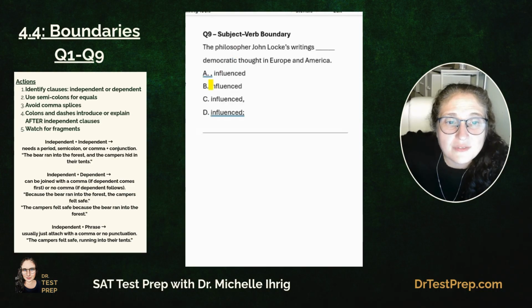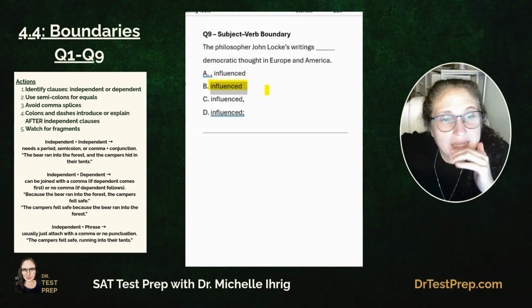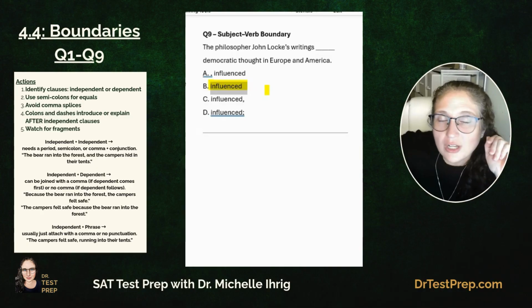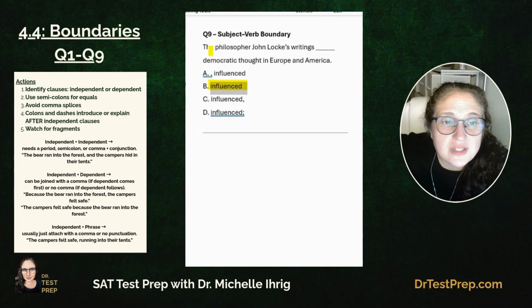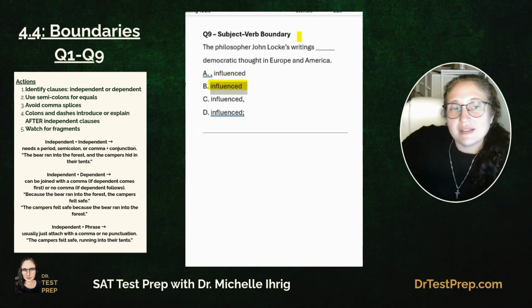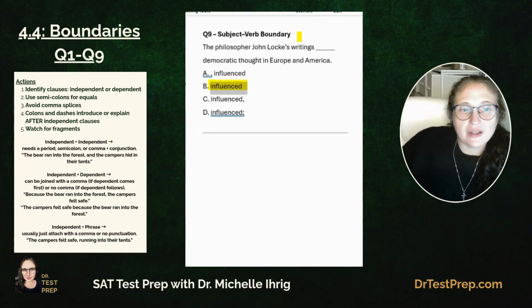Because "influenced" is our verb, we're not going to put any extra junk around it. No commas, no semicolons. Because even if we just did "the philosopher John Locke's writings influenced," what did it influence? All right. So that in and of itself is dependent. We have to have "democratic thought in Europe." It tells us what it influenced.